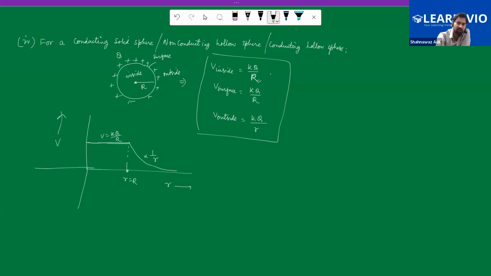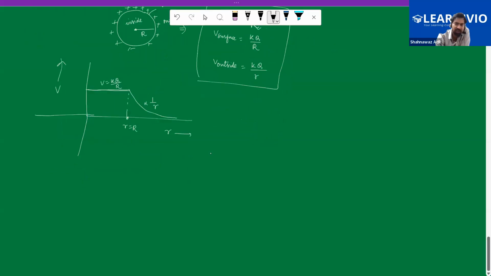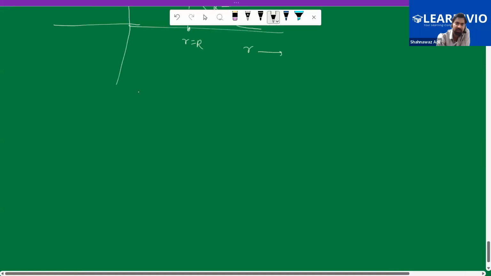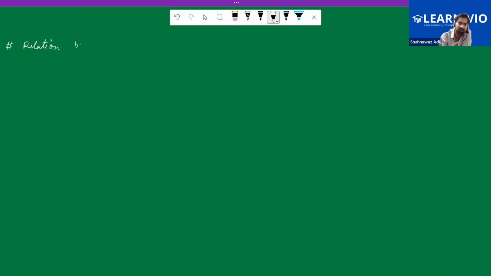And there is also one important thing, and that is the relation between potential, or electric potential, and electric field.